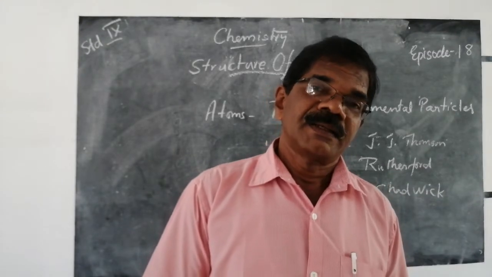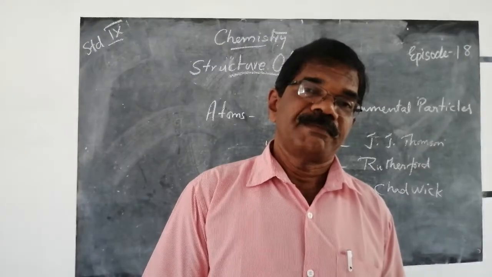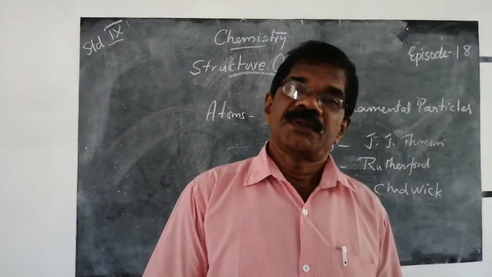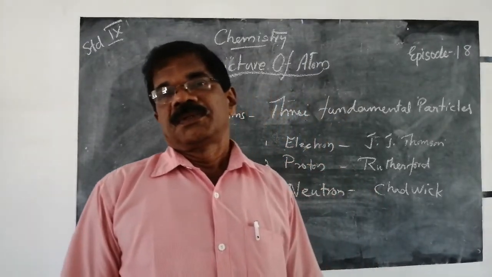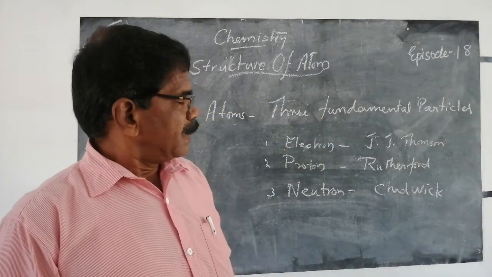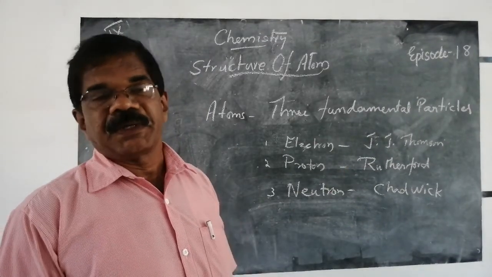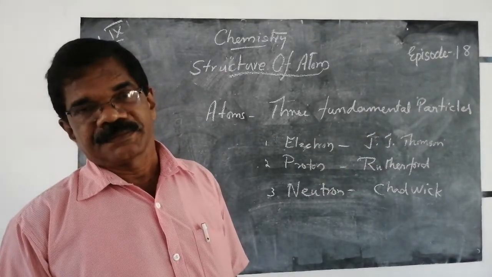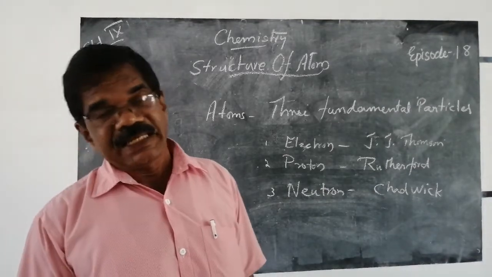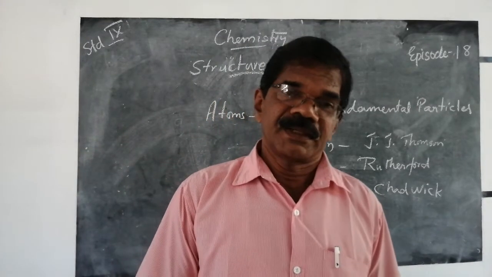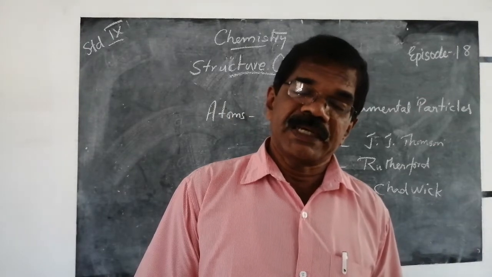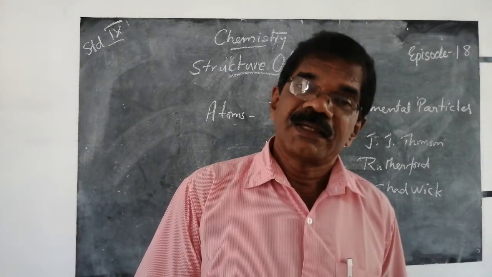Then these scientists made attempts to show where these subatomic particles are found inside the atom. The first attempt was made by J.J. Thomson. The second attempt was made by Rutherford.